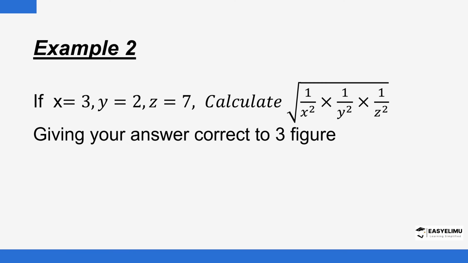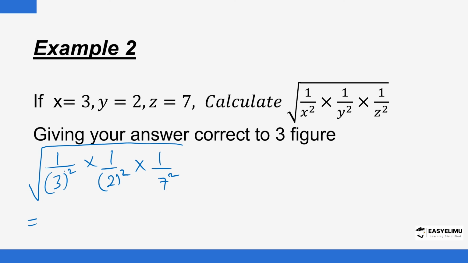Let me now attempt this one here. The first thing that I will do is substitute. So I have 1 over x, and x is 3, so it is 3 squared, times 1 over y, and y is 2, so 2 squared, times 1 over z, and z is 7, so 7 squared, and therefore we are getting the square root.